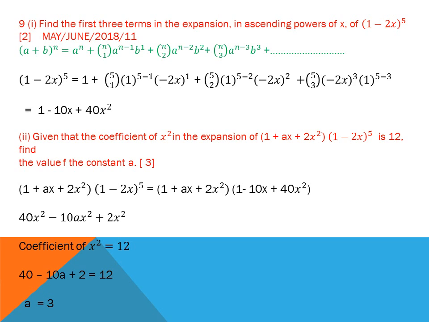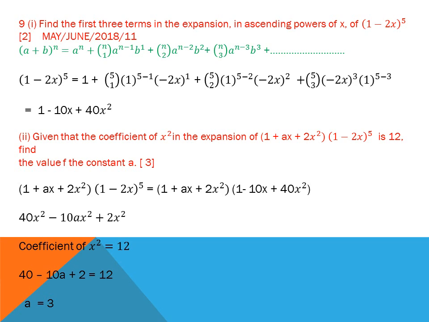Given the coefficient of x square in the expansion of this, it means we need the term including x square here. I replace all the terms 1 minus 10x plus 40x square here and write (1 + ax + 2x square) as it is. When I multiply this, 1 multiplied by 40x square will become 40x square. Then ax multiplied by minus 10x will become minus 10ax square. Then 2x square multiplied by 1 is 2x square.